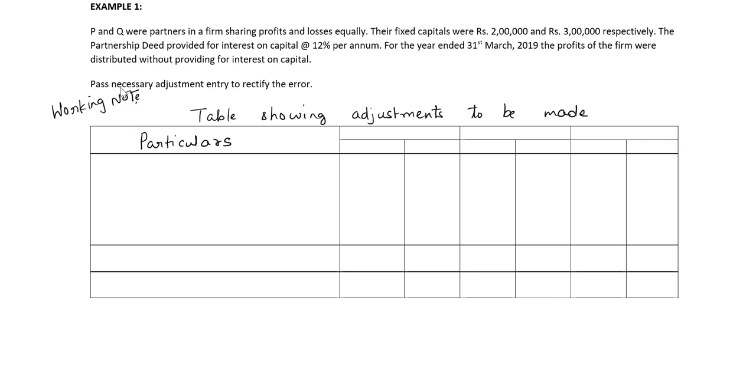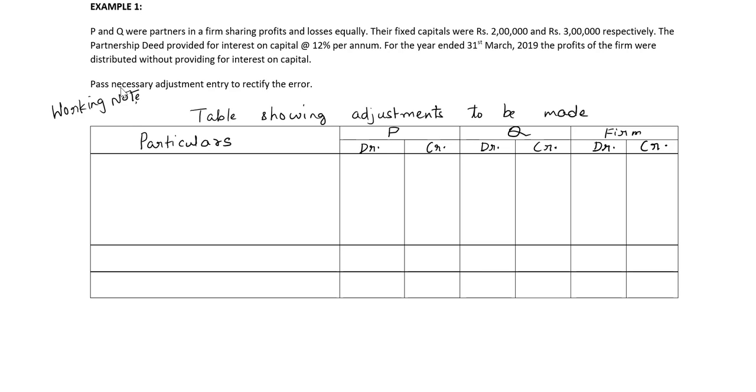There are two partners, P and Q. For each partner, a debit column and a credit column. And finally, the firm column, and again debit column and credit column for the firm.